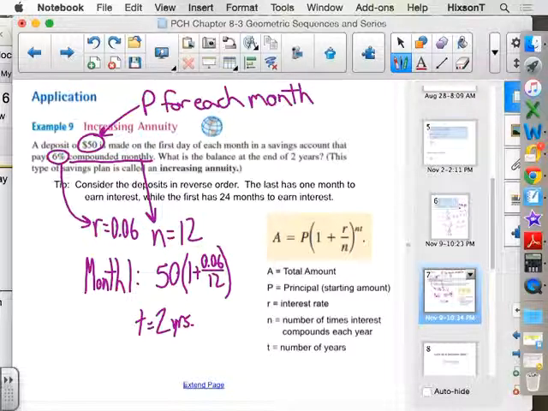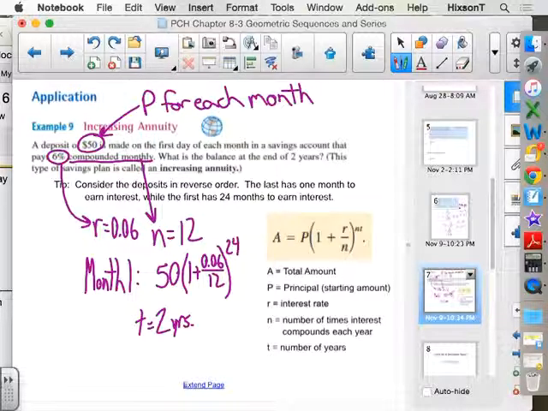Now, the 24 comes in because look at our formula. It's n times t. 12 months times 2 years gives us 24. And you'll notice that's how many times it's going to compound. So this original $50 is going to grow 24 times.